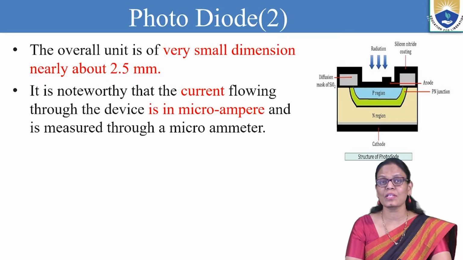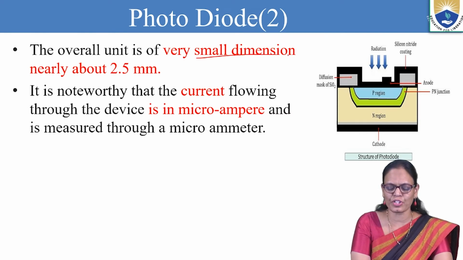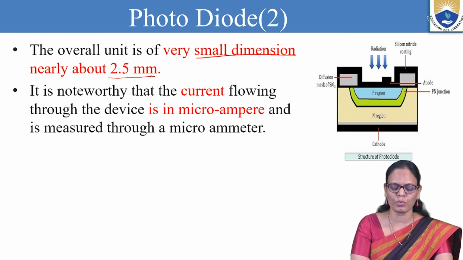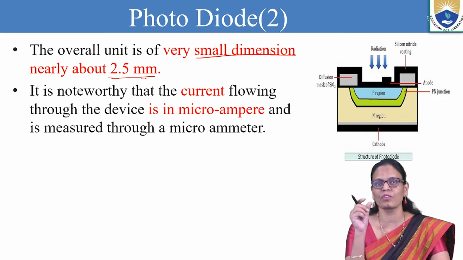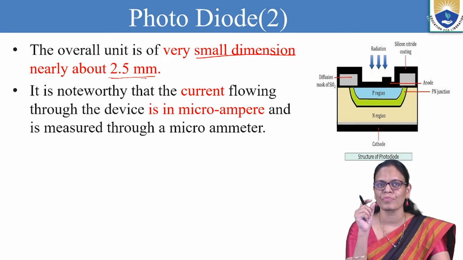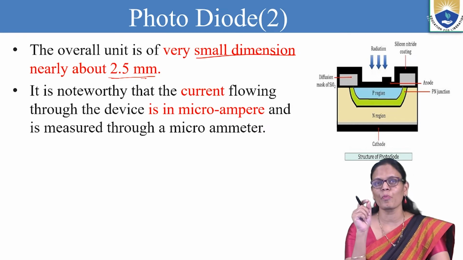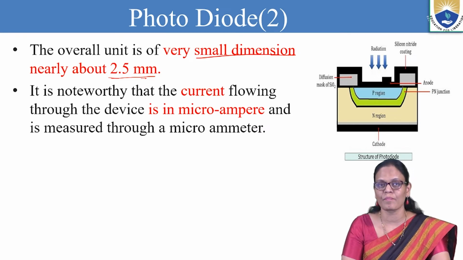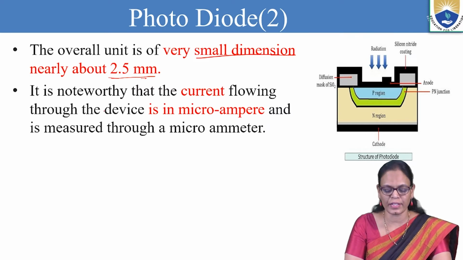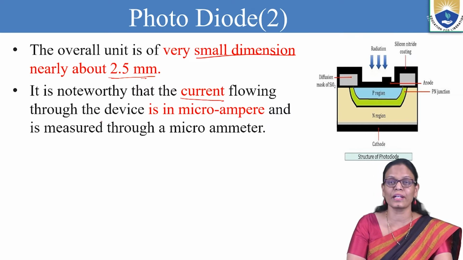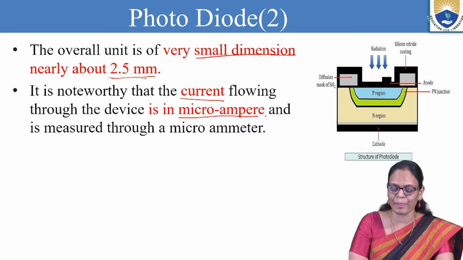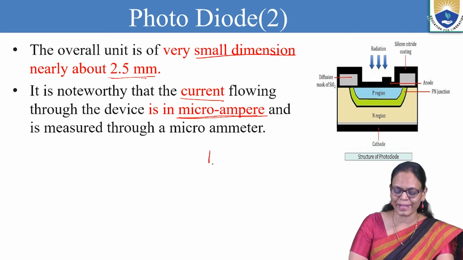And if it comes to the size of the photodiode, it has a very small dimension of the order of 2.5 millimeter. The size of the photodiode is very small. And also what we need to understand here is that the current flowing through the device is in microampere. What do you understand by microampere? 1 microampere is equal to 10 power minus 6 ampere.